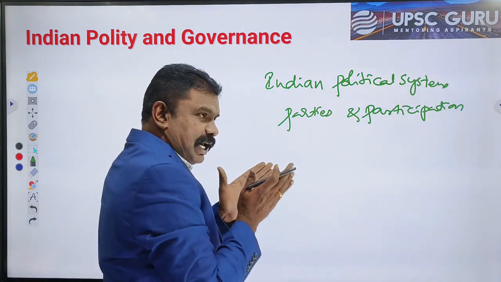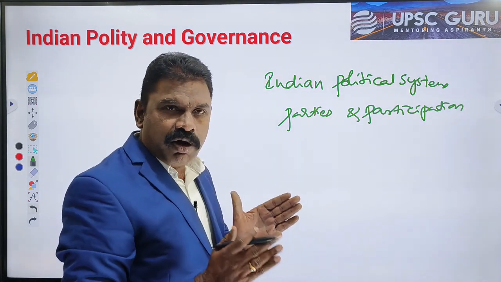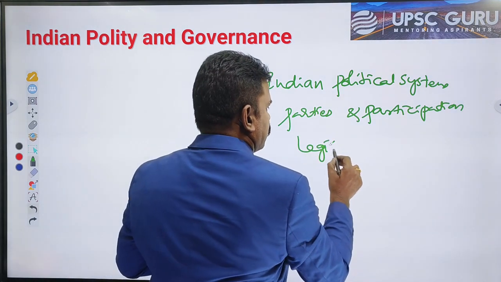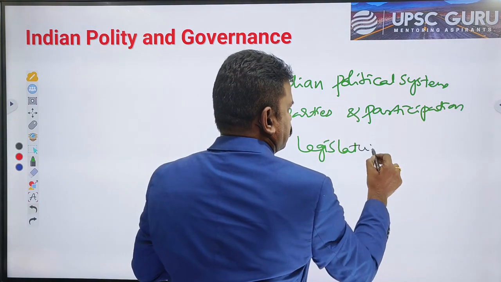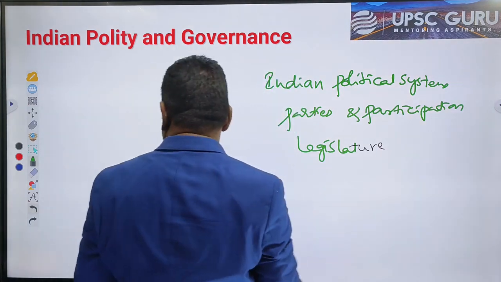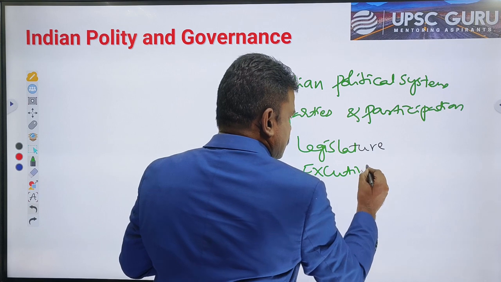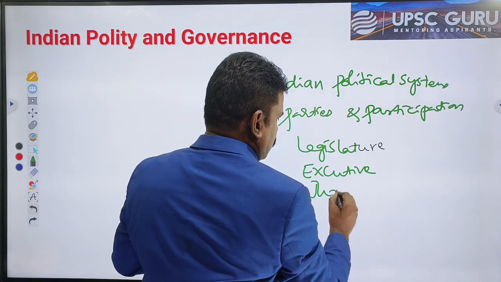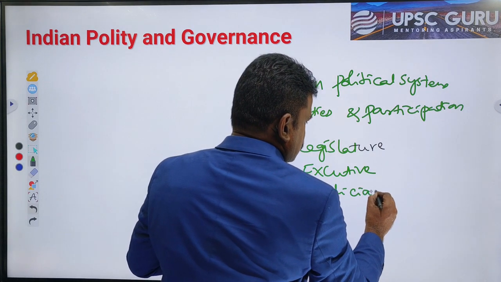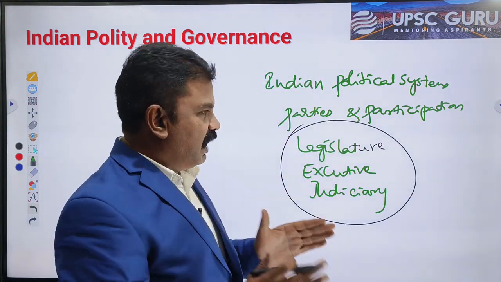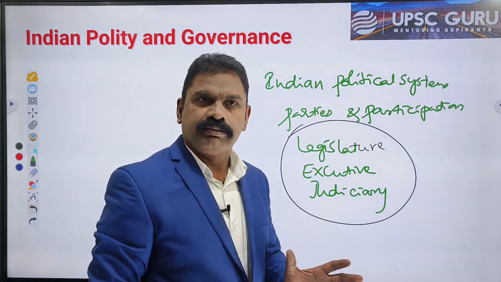There are three parts in the Indian government: legislature, executive, and judiciary. These are the three pillars of administration.